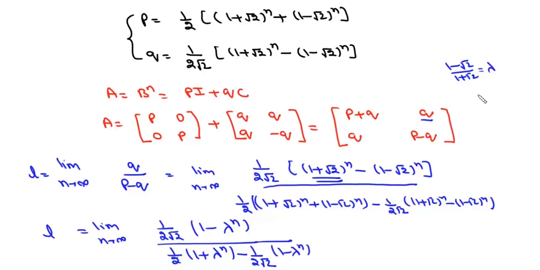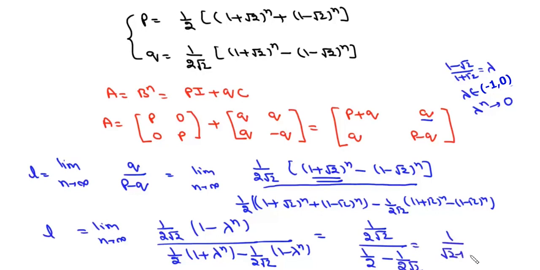Now this lambda lies between 0 and 1. So lambda to the power n, as n tends to infinity, will be simply 0. So the value of this limit will be 1 upon 2 root 2 upon 1 by 2 minus 1 upon 2 root 2, which is 1 upon root 2 minus 1.